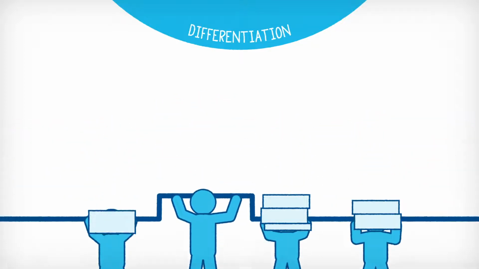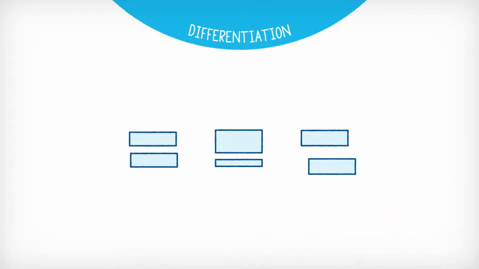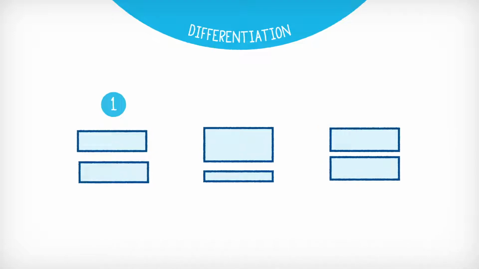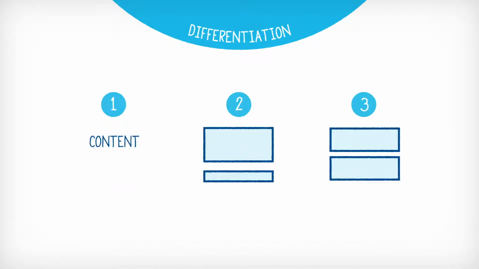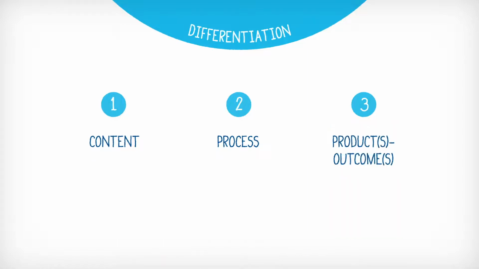In order to clearly describe the specific differentiation strategies used during the unit, it may be helpful to organize this section in 3 categories: unit content, learning process, and assessment task product or outcome.